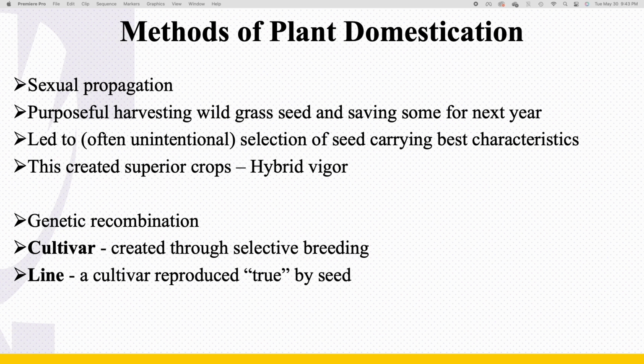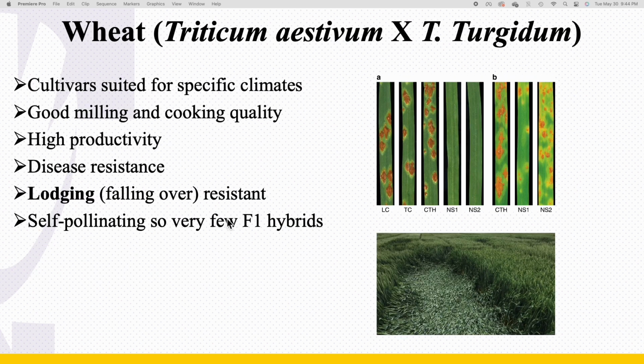So they've gone through the process of this genetic recombination, selective breeding, to make sure that when you plant that seed, and this is specifically for our row crops, and when I'm thinking of this, I'm thinking corn, we're specifically making that seed or that line to know that every single seed in that bag performs just like every other single seed in that bag. And we can produce that and replicate that multiple times.